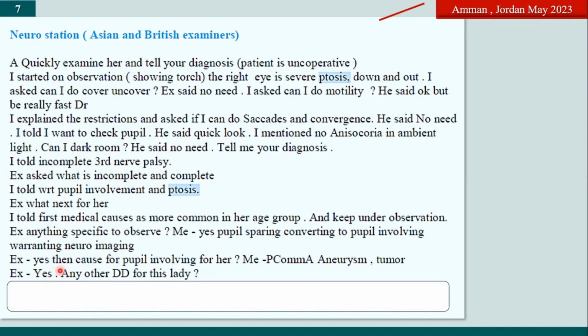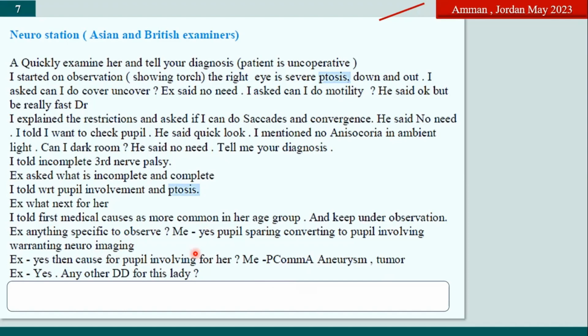So the examiner said, why do you do neuroimaging? The candidate said, looking for an aneurysm, posterior communicating artery aneurysm, or any compressive etiology. All right, my question for you right now: what is the imaging modality of choice in such a case? Because neuroimaging is layperson language. Anyone can say do imaging.